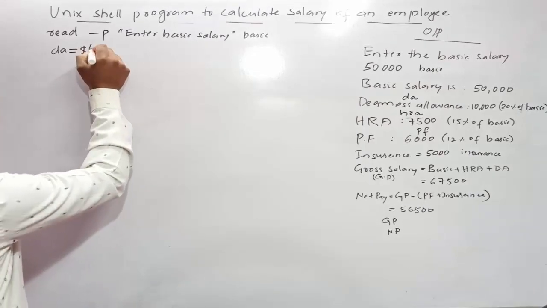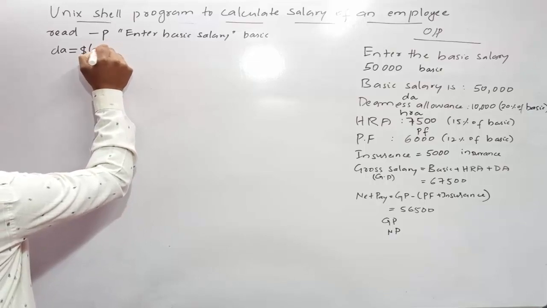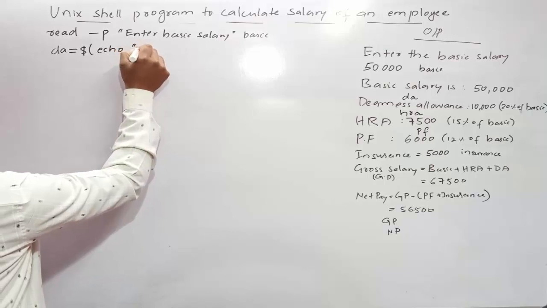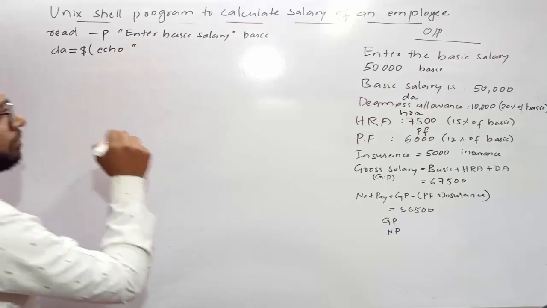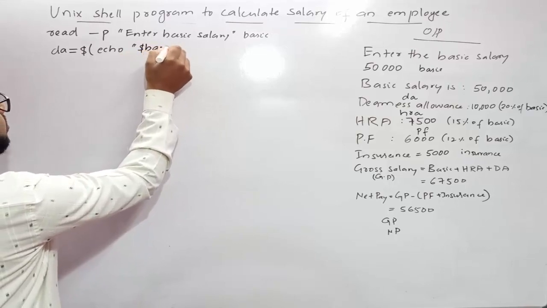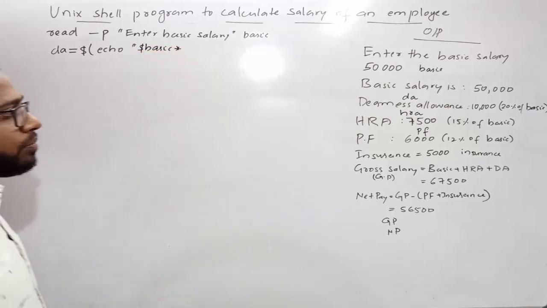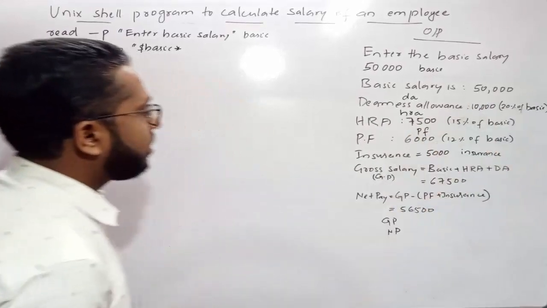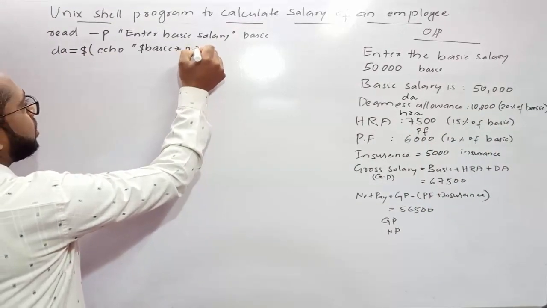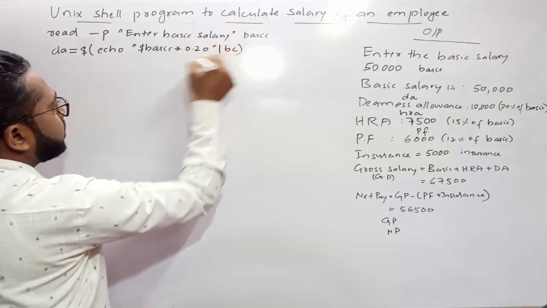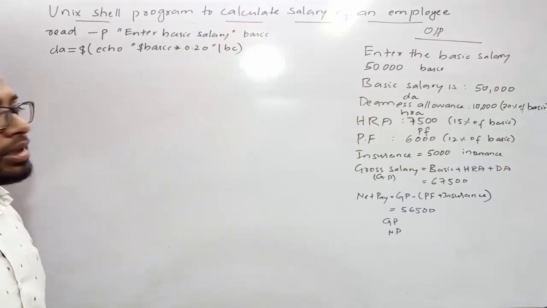A dollar round bracket and then echo space double quote, basic, which is dollar basic into, and what percentage we need to consider as DA? Yes, 20% of basic, so 0.20 double quote close pipe BC. BC stands for basic calculator.